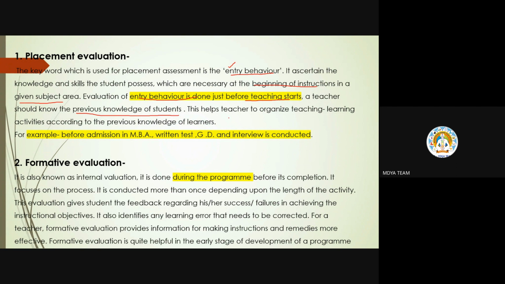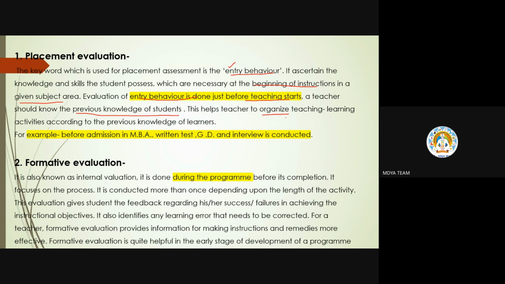This helps the teacher organize teaching-learning activities according to the previous knowledge of the learner and use it in the class.